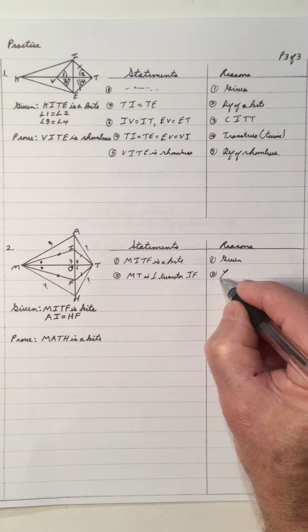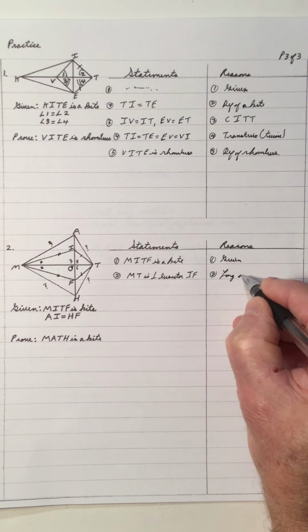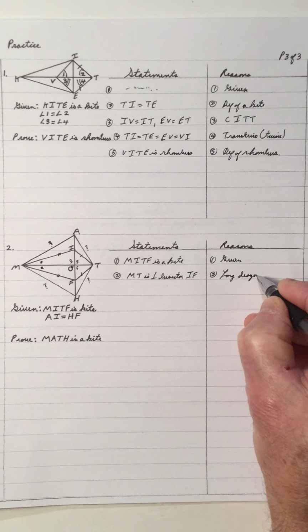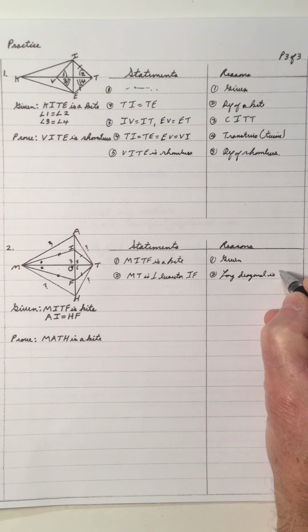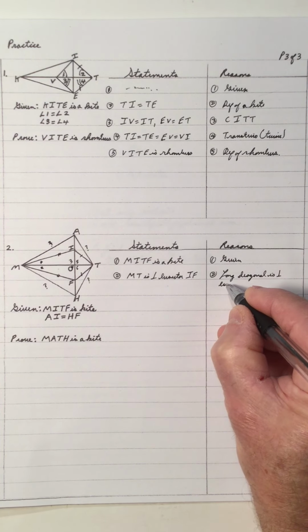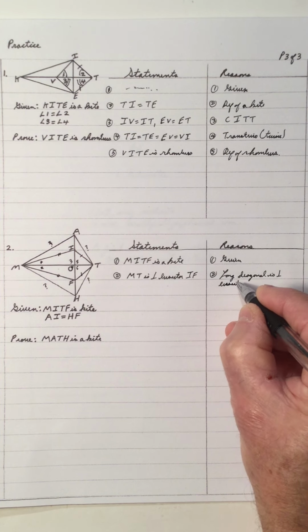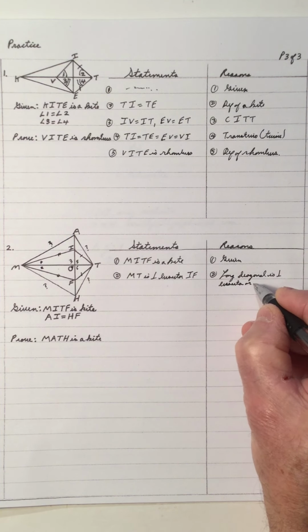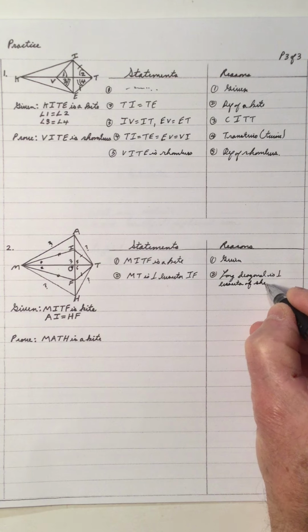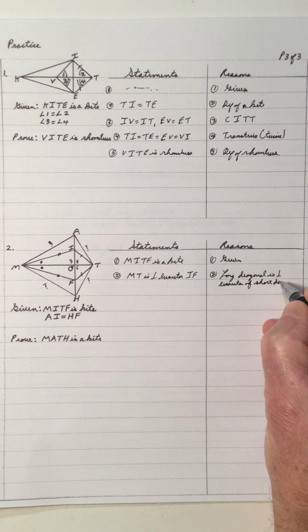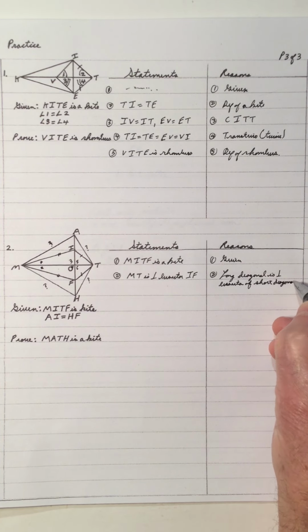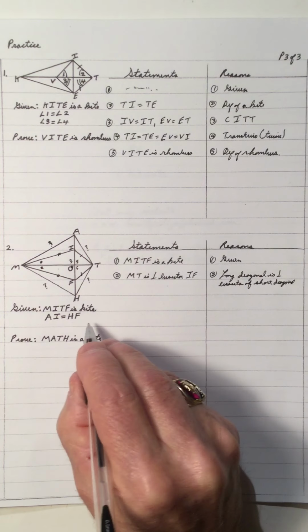The long diagonal is the perpendicular bisector of the short diagonal. That's a proof that we did just over on the previous page.